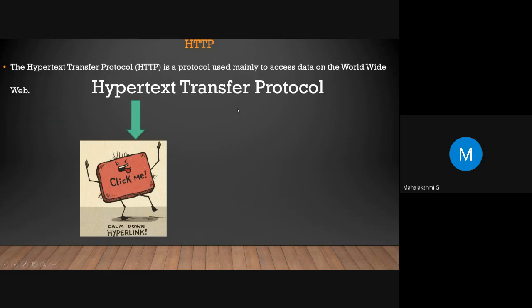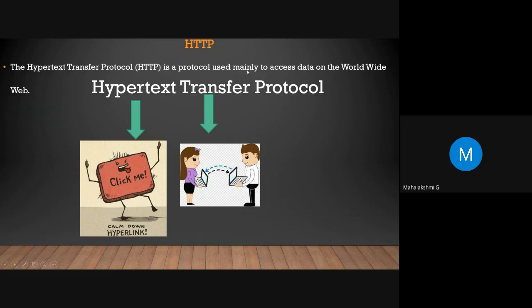Next one is transfer. Whenever you click the hypertext, some document is going to be transferred. That is shown here, transfer. Whenever you click the text, the document will be transferred.